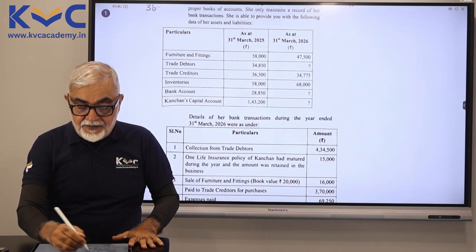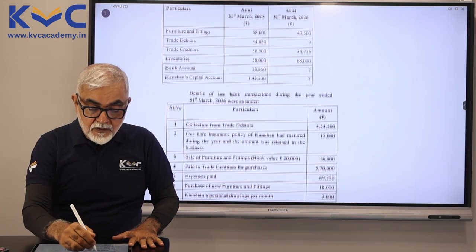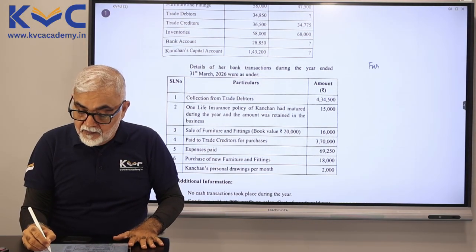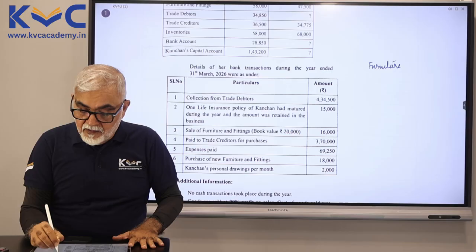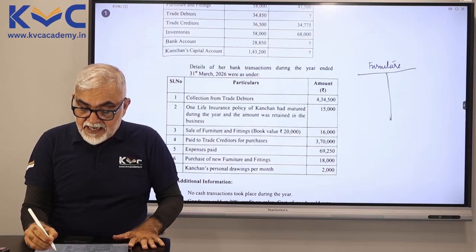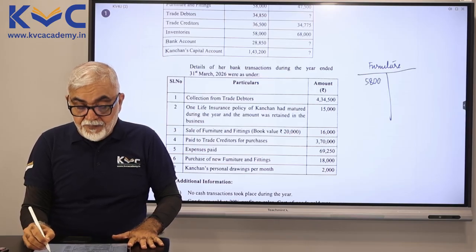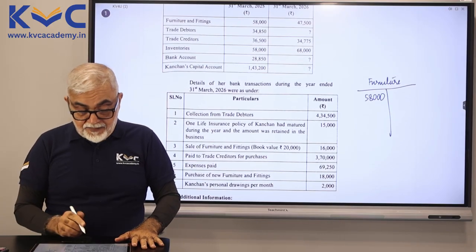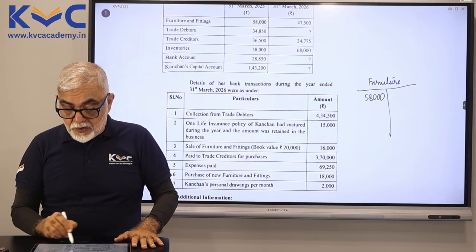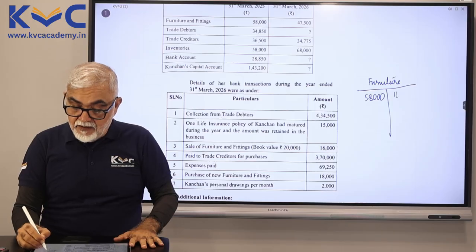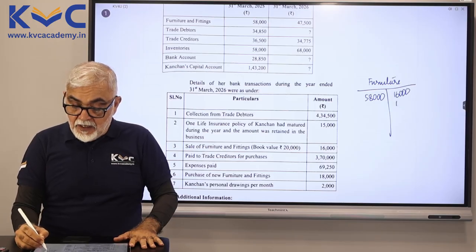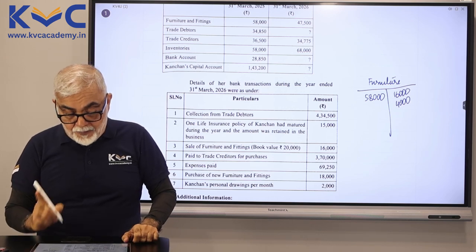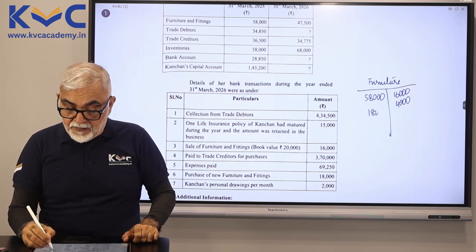So if I debit the furniture account, debit is 58,000 for furniture. Then we are told furniture was sold for 16,000, but there is a loss of 4,000. And we have bought furniture worth 18,000.